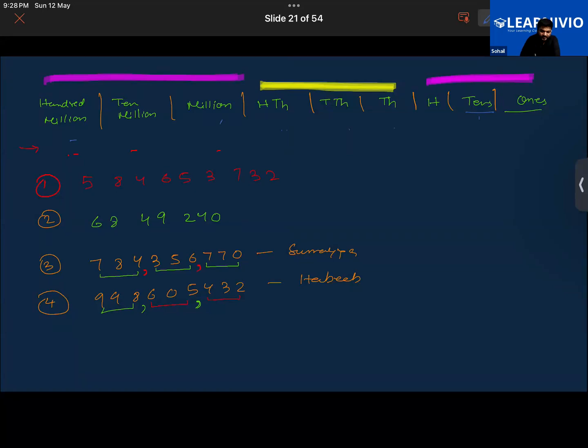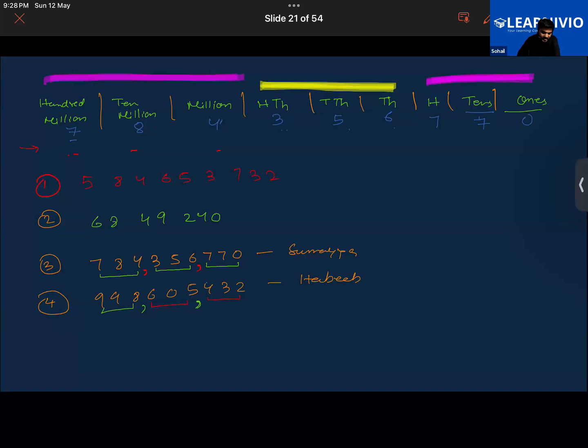Just put the numbers in the right places over here. This 0 belongs here, 7 will be written over here, then 6, then 5, then 3, then 4 and 8, and there goes your 7.